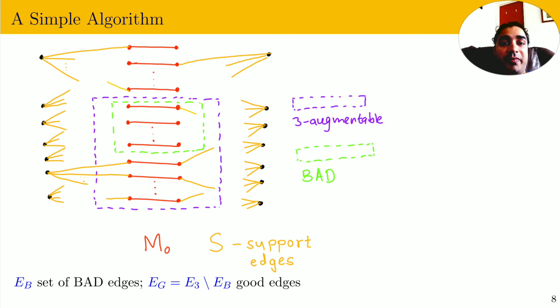Why? Because not both endpoints of those edges have a support edge incident on it. The rest of the three augmentable edges are good because both their endpoints have a support edge incident to it. Now we call the bad set EB and the good set EG.